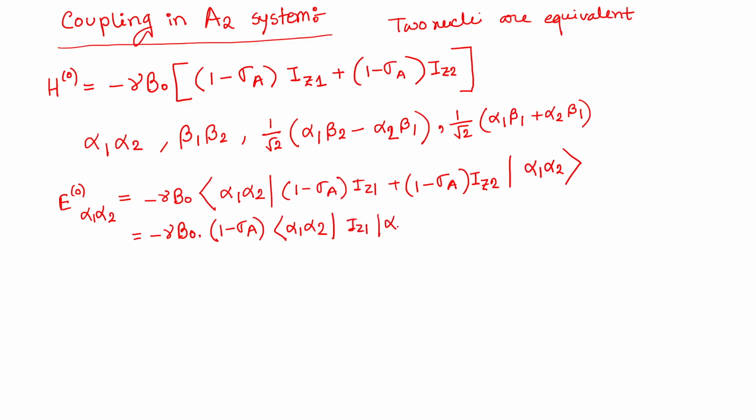Iz1 operating on alpha 1 alpha 2, and then gamma B0 1 minus sigma. By doing this, I am increasing my writing. Actually, I didn't have to do this much, right? I missed some part.